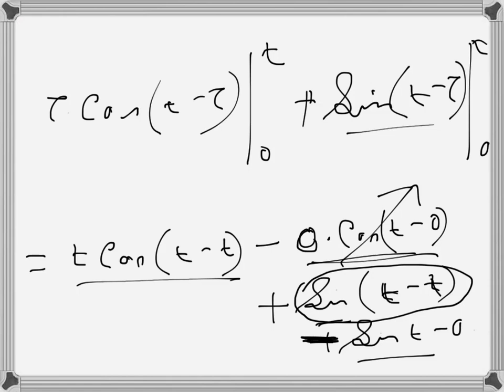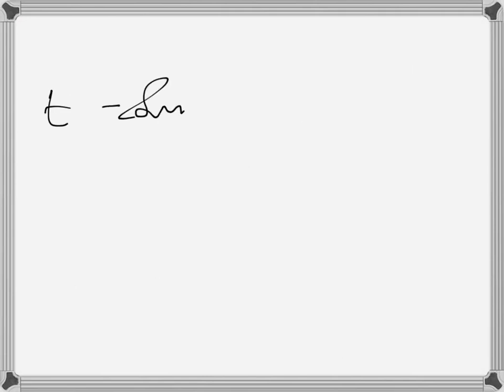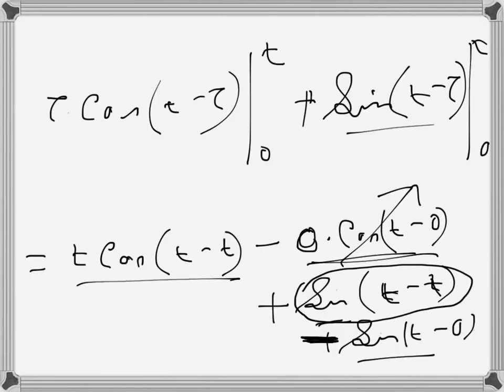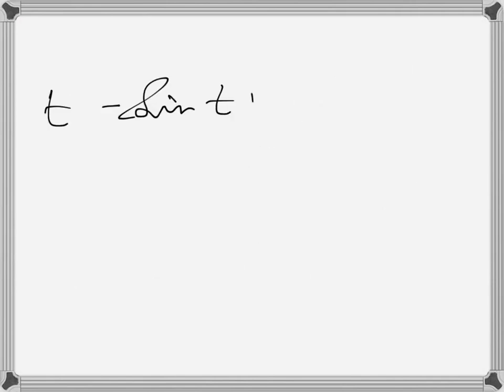So what remains is t minus sine t. These two terms become 0. So this is the result of the convolution.